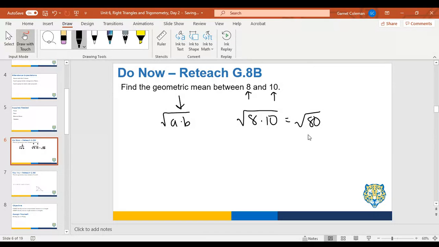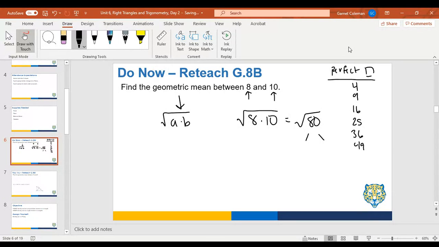So what I'm going to do is I'm going to think to myself, something times another number, so a perfect square times another number is going to make 80. So my perfect squares are 4, 9, 16, 25, 36, 49, and so on.